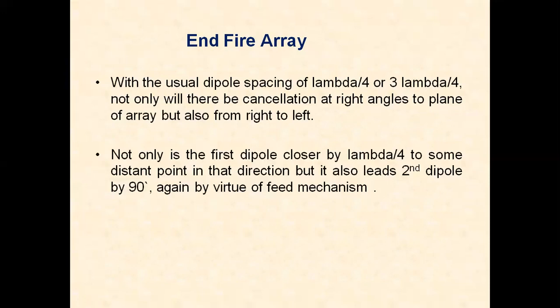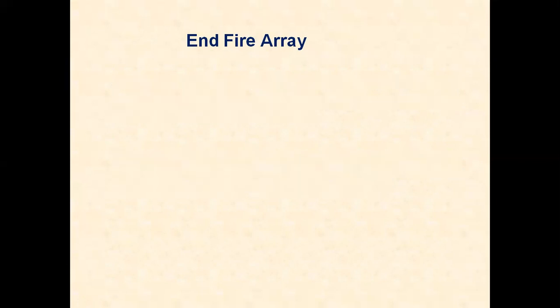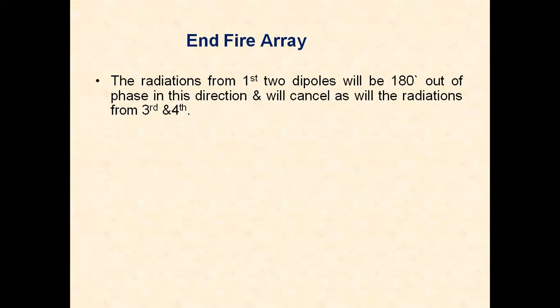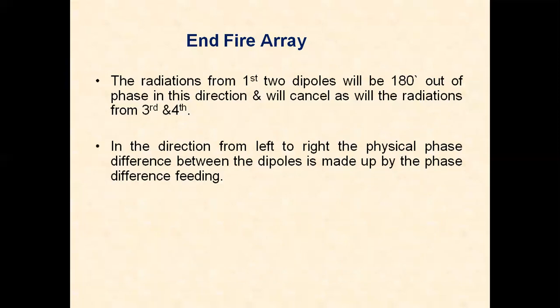Not only is the first dipole close by lambda by 4 to some distance point in that direction, but it also leads the second dipole by 90 degrees, again by virtue of the feed mechanism. The radiations from the first two dipoles will be out of phase by 180 degrees in this direction and will cancel as the radiations from the third and fourth, and hence in the particular perpendicular direction the radiation is cancelled out.